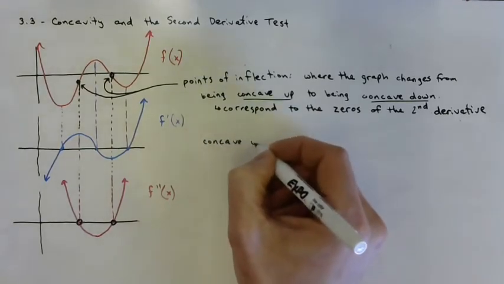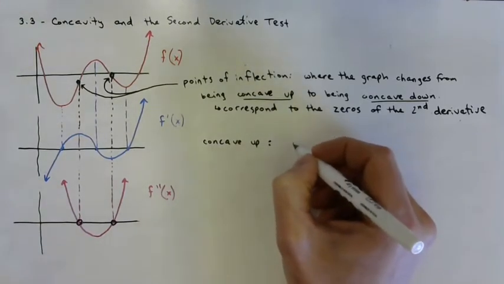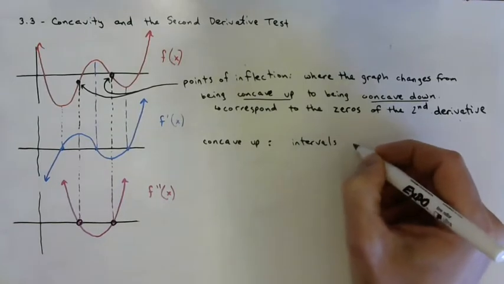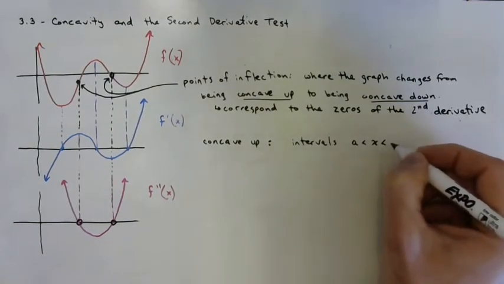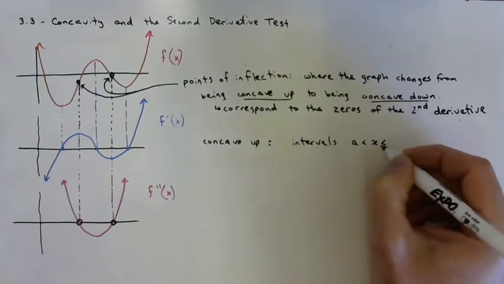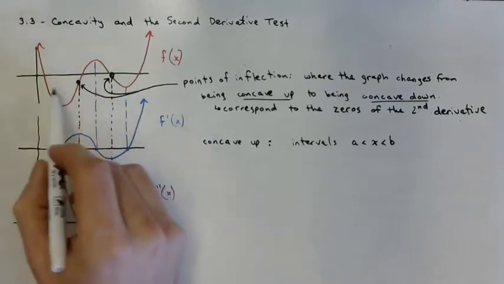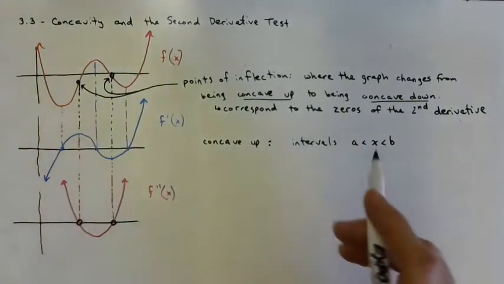Concave up. This happens in intervals, and the interval can be a is less than x and x is less than b. So this just means anywhere along this x-axis, we're going to take some numbers and talk about different intervals.